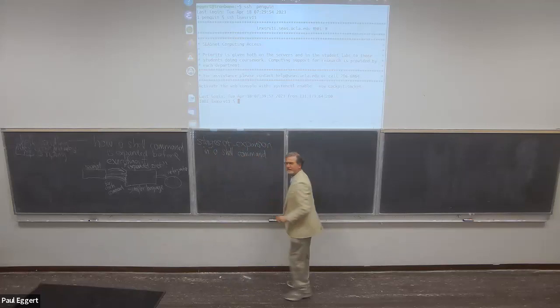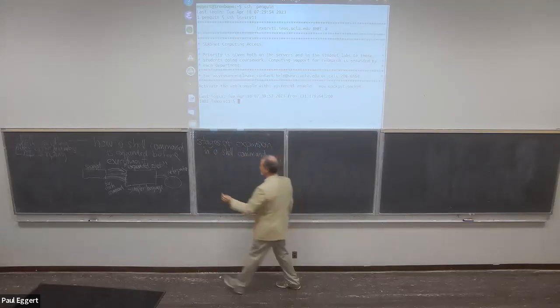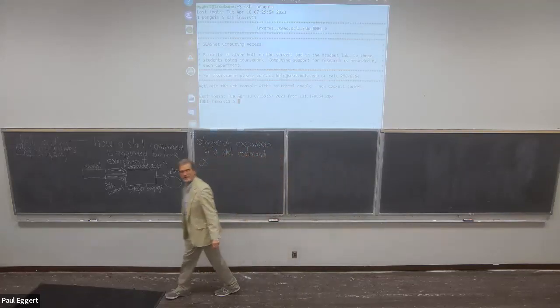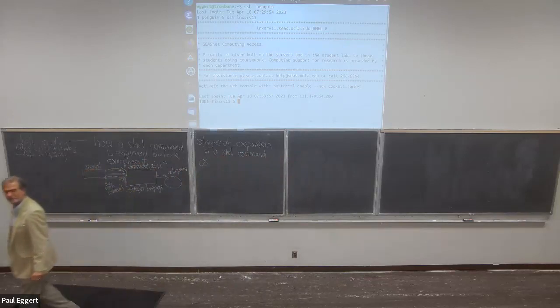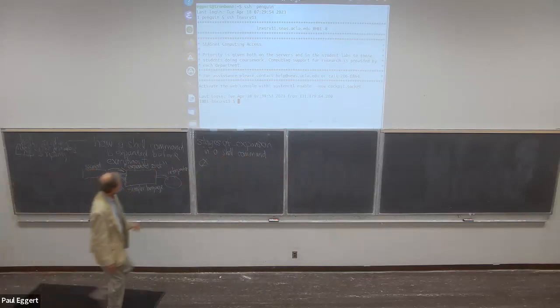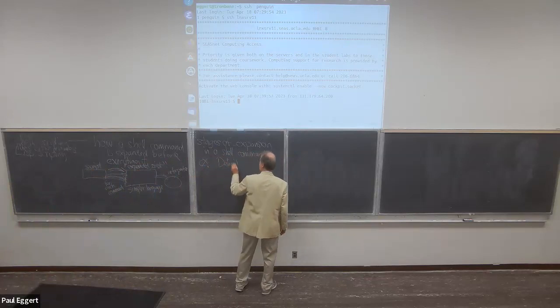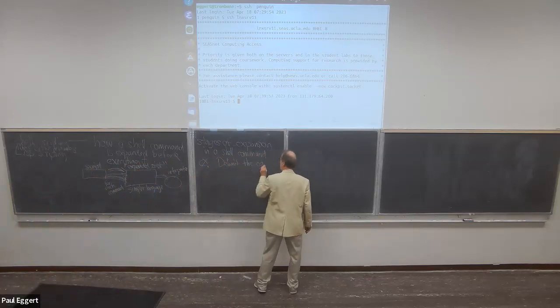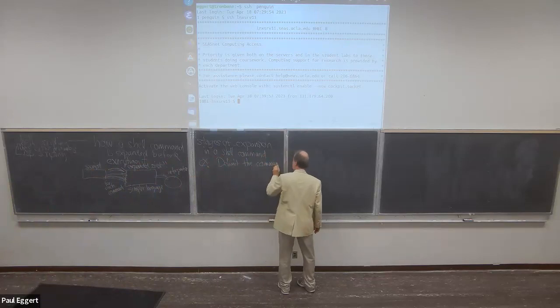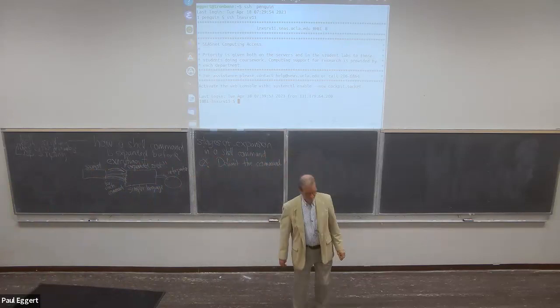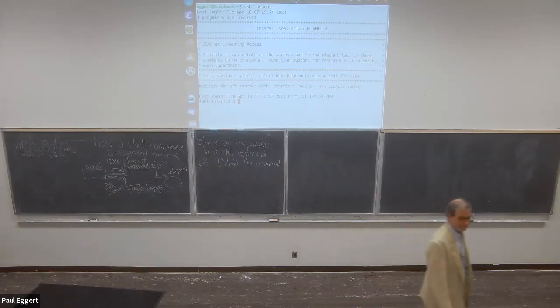To some extent, stage 0 is going to be to figure out where the command is before you start expanding it. So you can think of this as delimiting the command. Find out where it starts and where it ends, because if you don't know that, then you won't know what to expand in the first place.